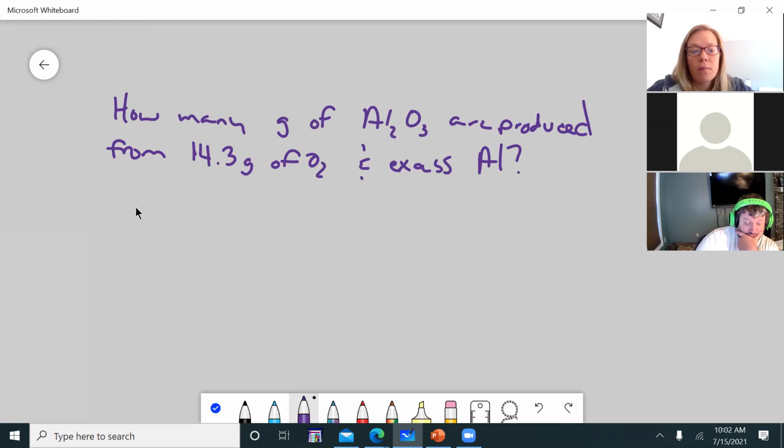So we're going from grams of A, and grams of A is going to be our given, so grams of O2 into moles of O2.